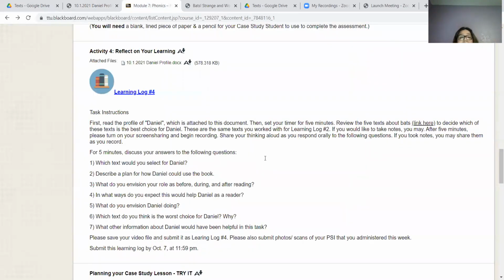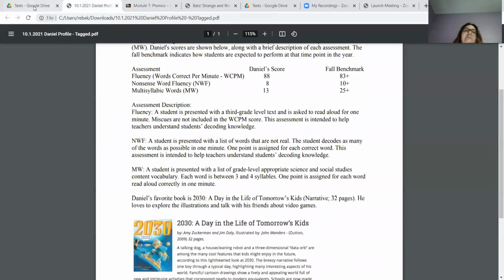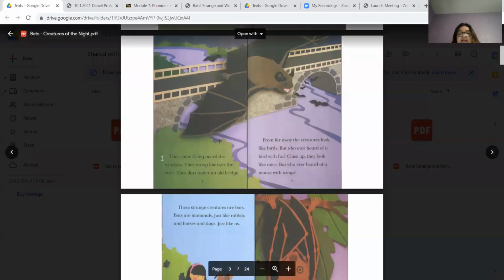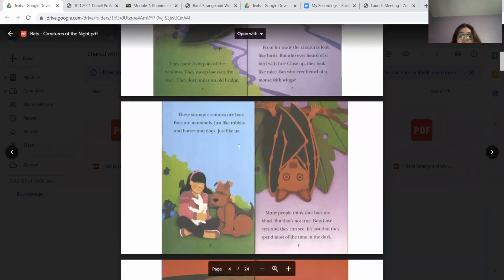What do I envision my role before, during, and after reading? I think before I would have to go through and identify some words that maybe Daniel doesn't know, that are not sight words or words we use in everyday context. For example, the word mammal. It says here bats are mammals.